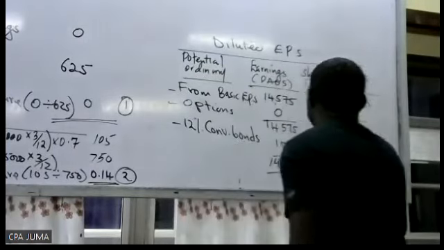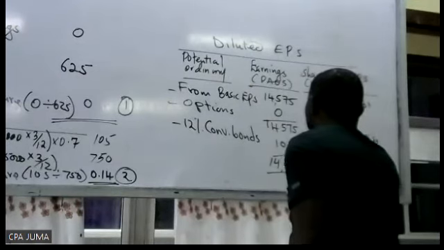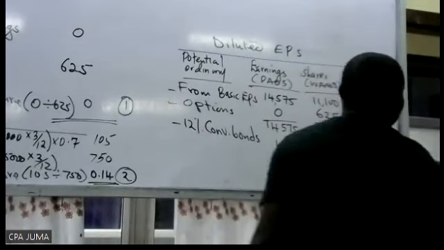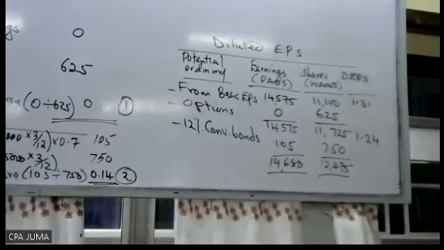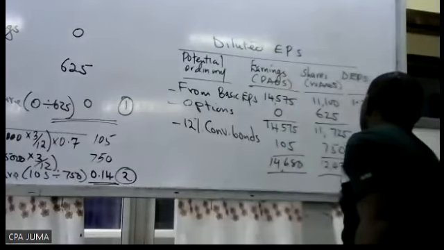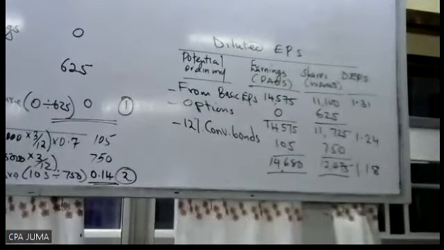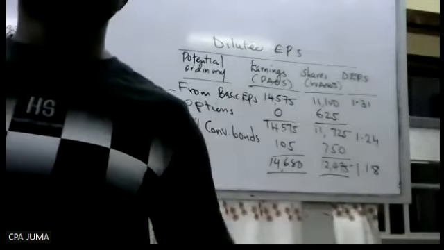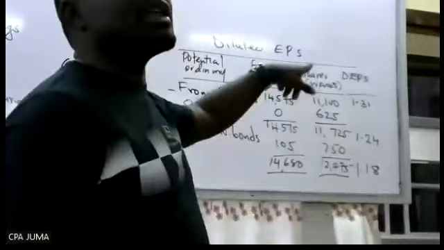Get the new EPS: 1.18. Therefore, diluted should be the least, not the last. It is a coincidence here that our last is the least.